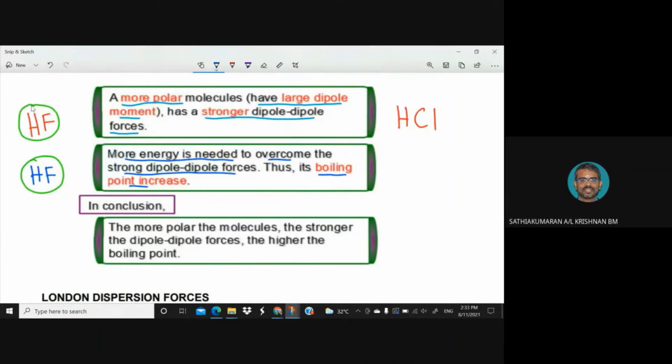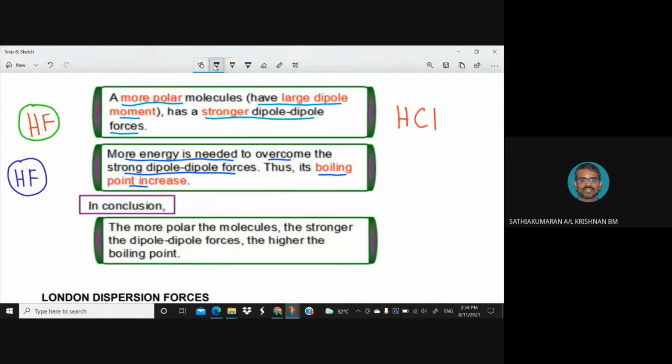Here will be delta positive, delta negative. Here will be delta positive, delta negative. So, sorry, FH.